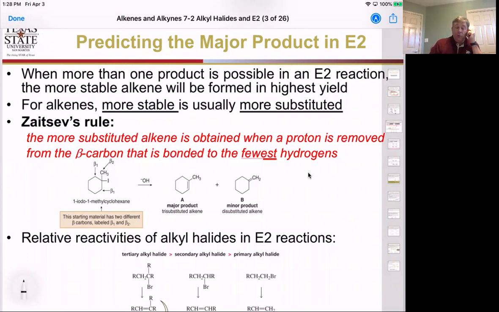So we use a rule we call Zaitsev's rule. Zaitsev's rule says the more substituted alkene is obtained when the proton is removed from the beta carbon that is bonded to the fewest hydrogens.